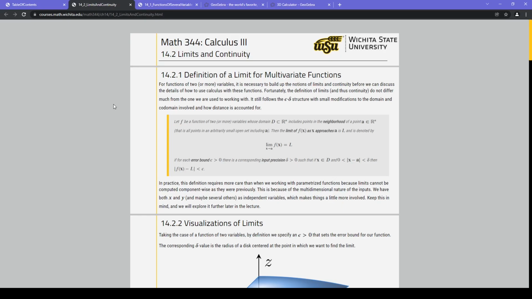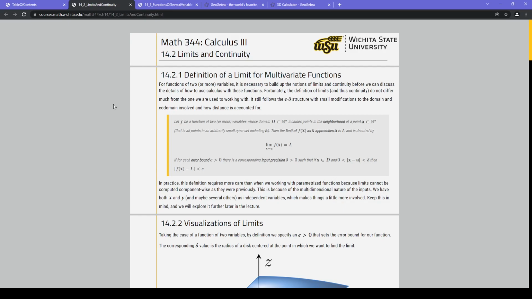And if you specify an epsilon, then I can always pick a delta, an input precision, that says if you say that I have to be within epsilon of L, I can tell you what delta you have to be within of A in order to always satisfy that condition. And if for every choice of the error bound epsilon there is a corresponding choice of input precision, then the limit exists and everything's fine.